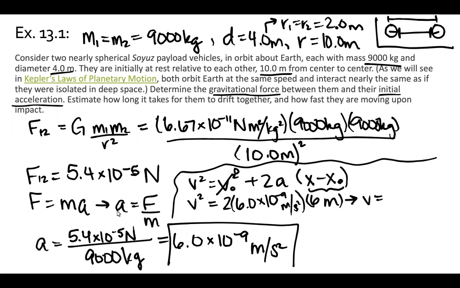From this, we'll need to square root both sides. So let's say our acceleration times 2 times 6, and then square root that. And we get the velocity is equal to 2.68 times 10 to the negative 4th meters per second.